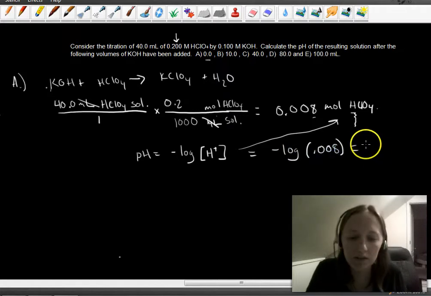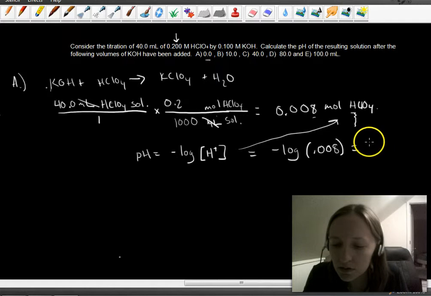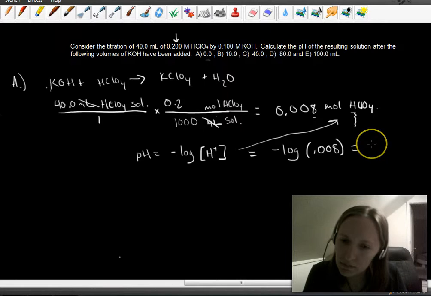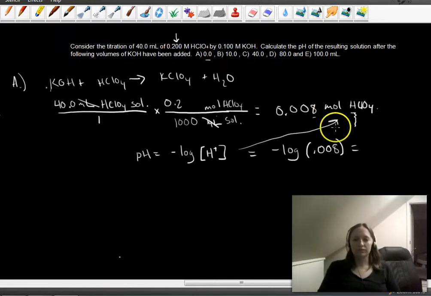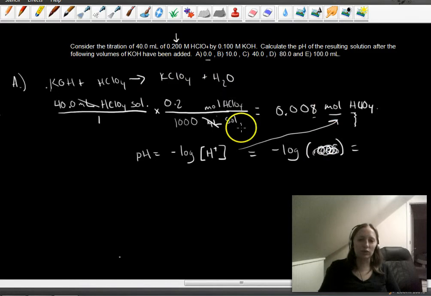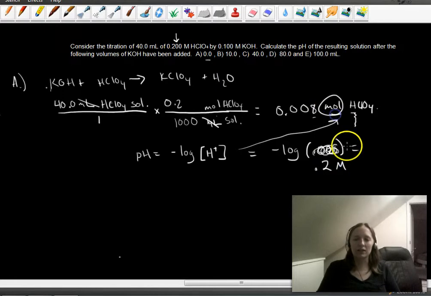Oops, sorry, that's moles. This is not concentration. It's moles per liter, and they gave that to us already. It's negative log of 0.2, because it has to be molar. We need the moles later, not yet.